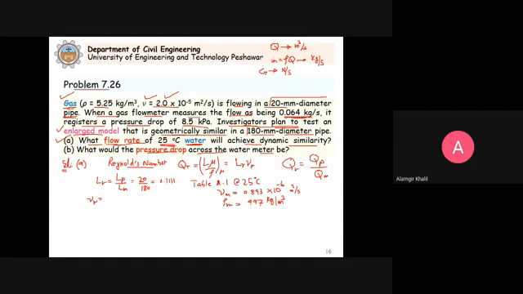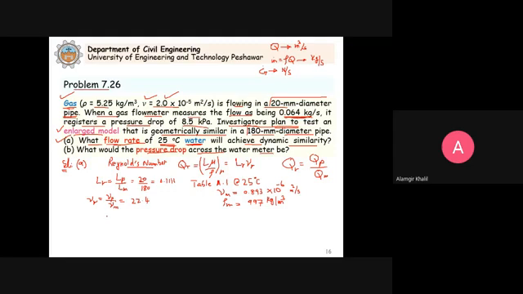So this nu R will be equal to the kinematic viscosity in the prototype divided by the kinematic viscosity in the model. So you can plug in the values, and this comes out to be 22.4.